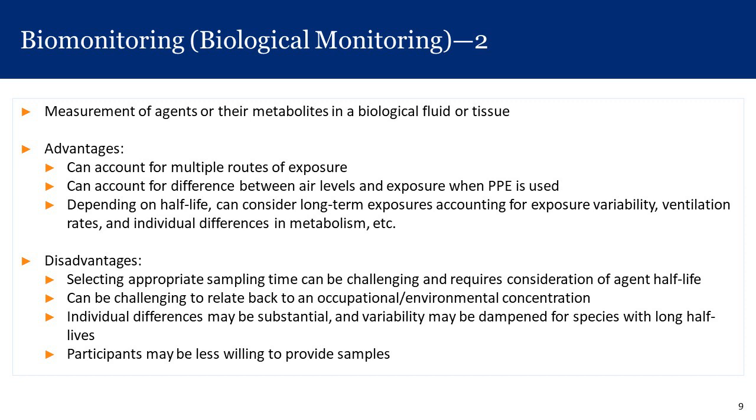And it can be really challenging to take that and then relate it back to what the occupational or environmental concentration was, especially when we consider infectious agents that may not strictly have just occupational exposure, but may also have exposure in the community and through other dimensions of a person's life. And the individual differences can be quite substantial, and this may lead to an inability to really interpret the findings.